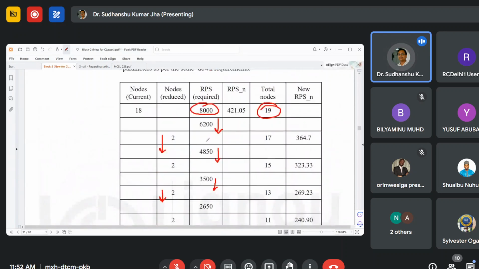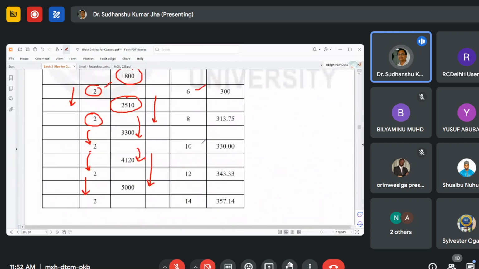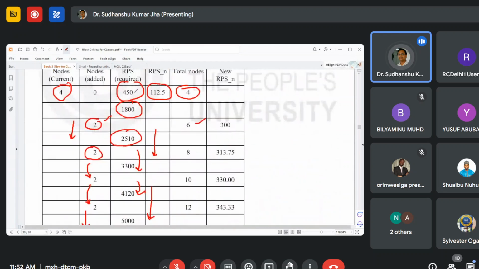So you can see here that from 450 to about 1450 or 1800 requests per second, the load is increasing. You have allocated two resources here, whereas you can see that only 700 was added, and still you scale up by 2 units. So it means there is no correlation between the requests per second and the number of nodes allocated.